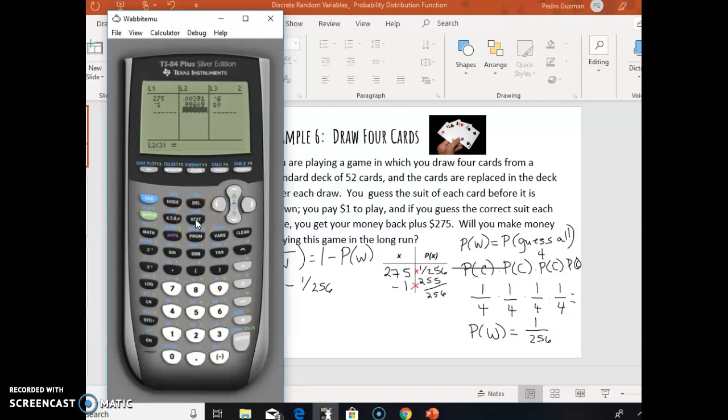To get the expected value, we go stat, calc, var stats. My data is in L1 and L2. And we get 0.078125.